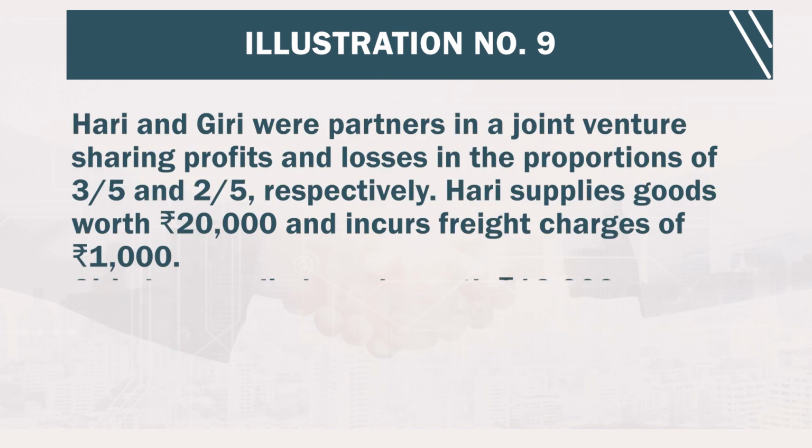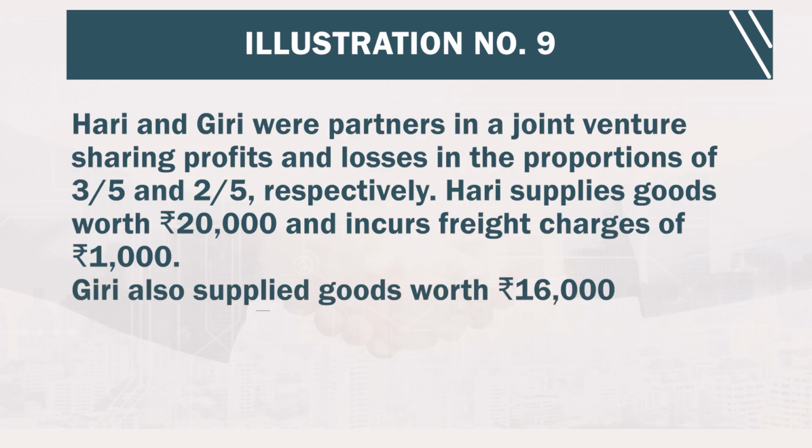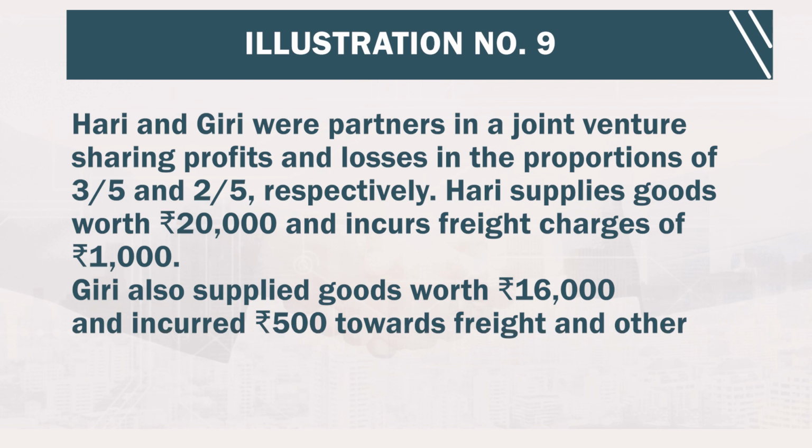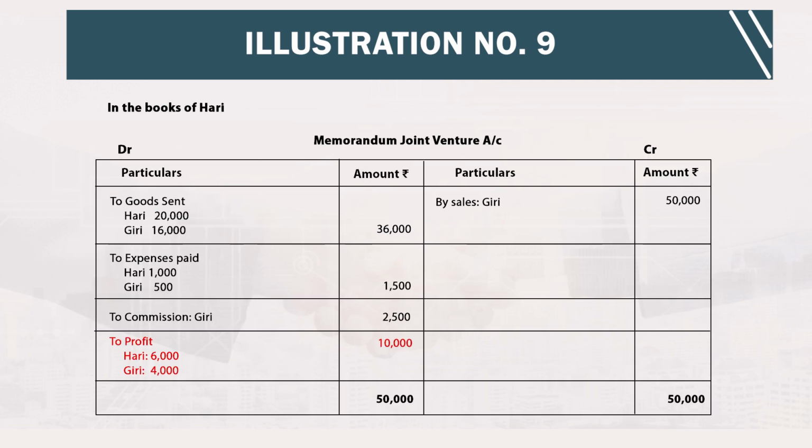Same way, Giri also supplied goods worth rupees 16,000 and incurred rupees 500 towards freight and other incidental charges. So, this amount is also debited in memorandum joint venture account: goods sent Giri rupees 16,000 and expenses paid Giri rupees 500. So, total goods sent amount will be 36,000 and total expenses paid rupees 1,500.